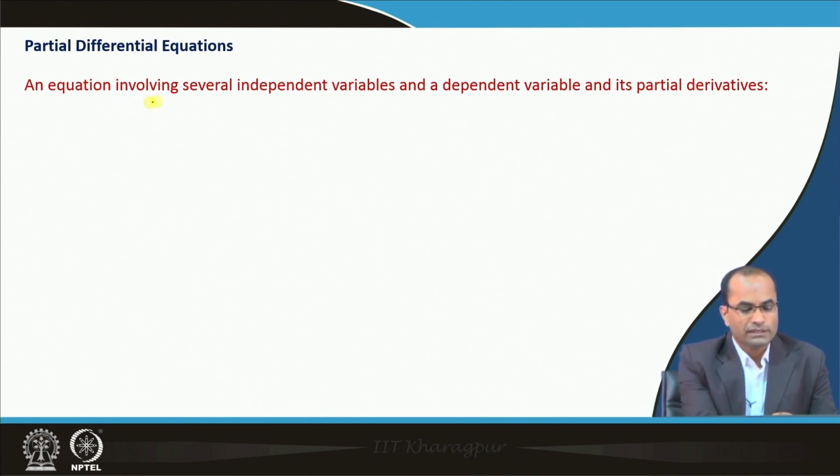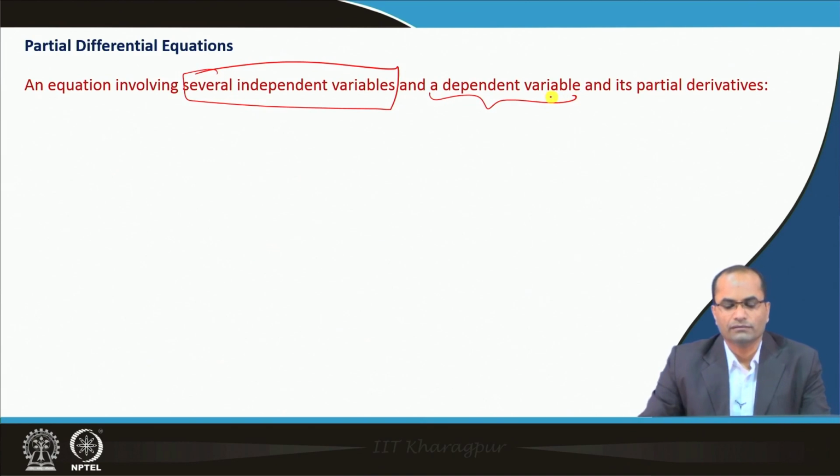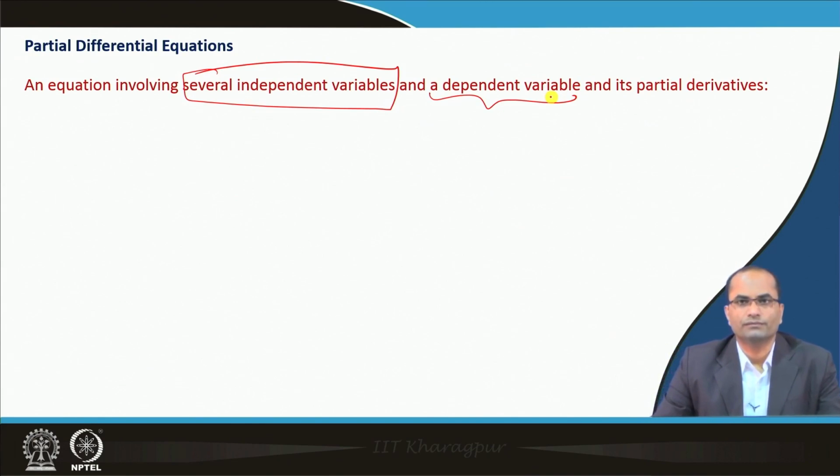Here in PDEs we have several independent variables. If there is one PDE, then we have one dependent variable, otherwise there could also be several dependent variables in case of a system of partial differential equations.